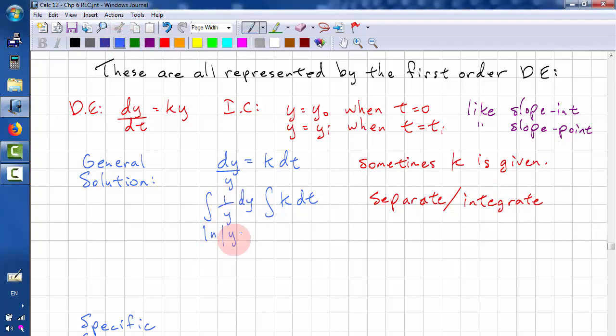Ln absolute value of y equals kt, and we have to add a constant, plus c. We exponentiate both sides with base e. So this just becomes absolute value of y equals e to the kt plus c.